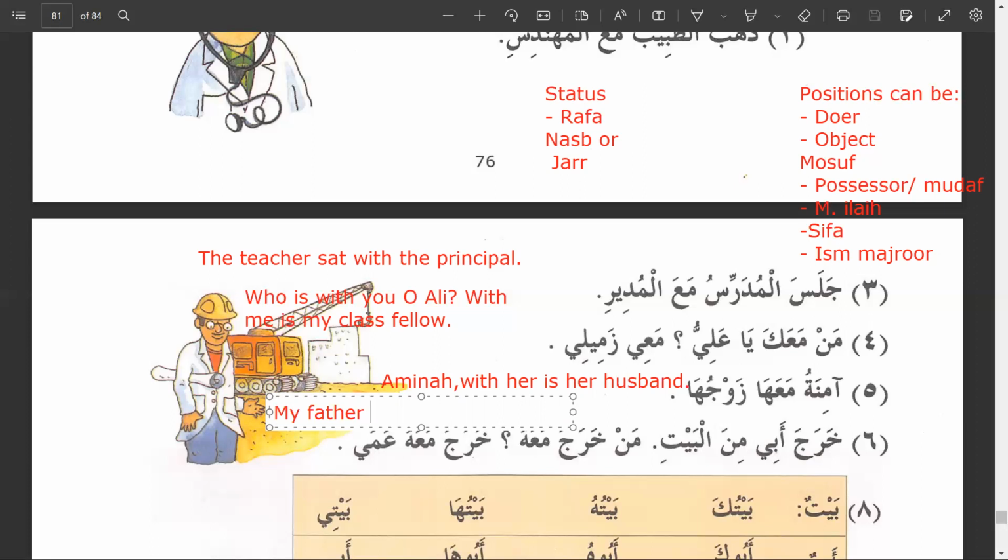Kharaja is left. My father left. Min al baiti. Min is from, al baiti is the house. And al baiti is majroor. That's why it's jar, taking kasra. So minal baiti, my father left from the house. But in English, we don't say from the house. We just say my father left the house.